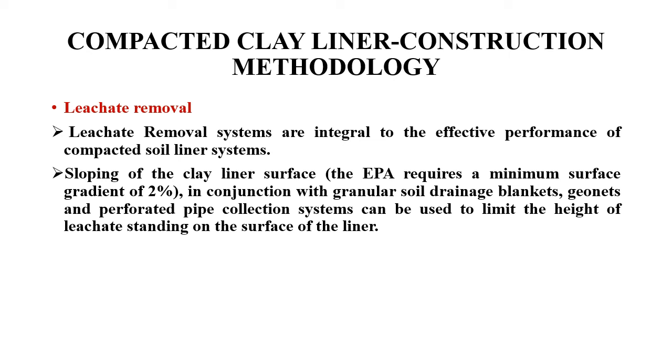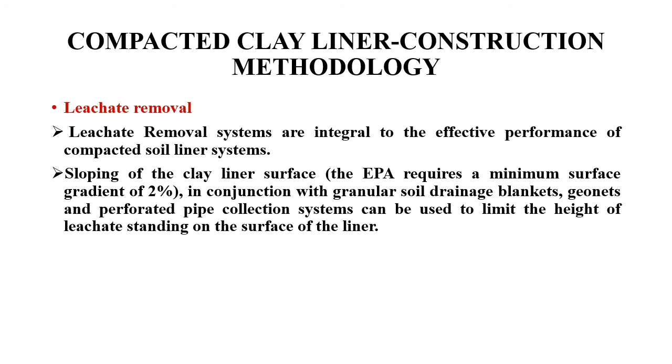For that, you can provide a slope over the clay barrier layer, so that naturally you can collect the leachates out of the liner system and take it for further treatment.